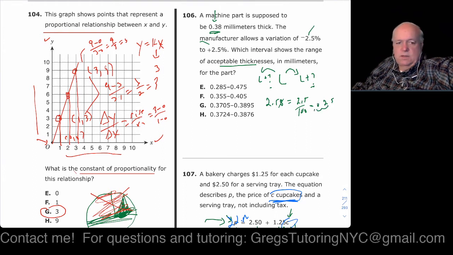That's our delta, that's our tolerance, and we're going to multiply it by 0.38.